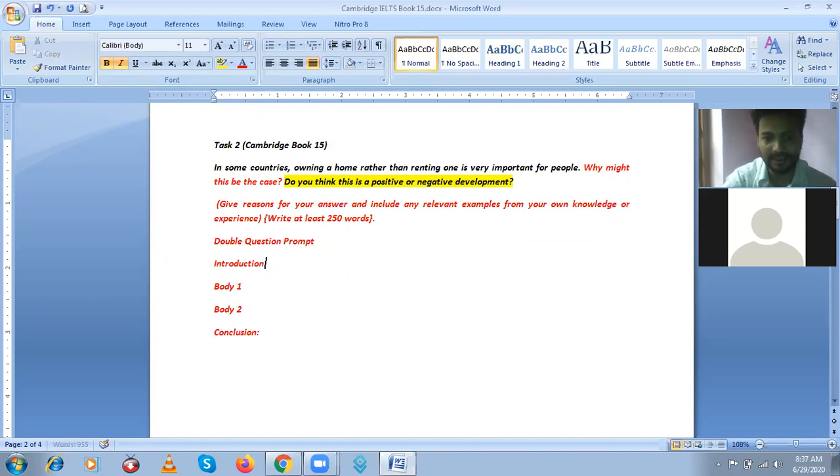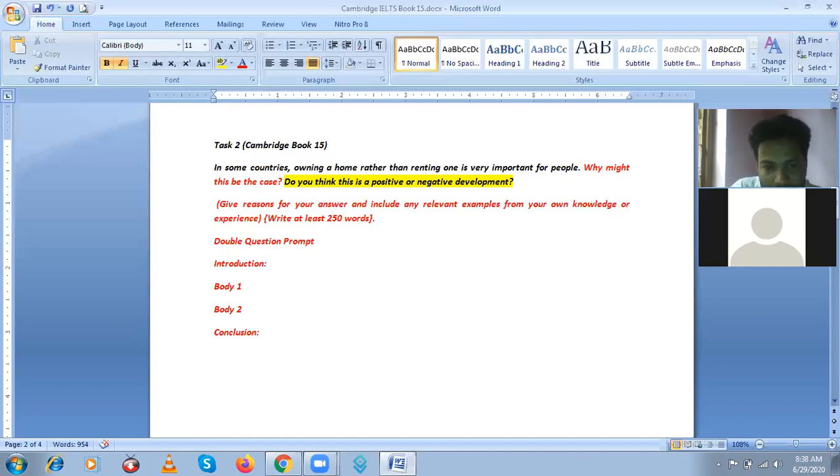The question says, in some countries, owning a home rather than renting is very important for people. Why might this be the case? And another question, do you think this is a positive or negative development?